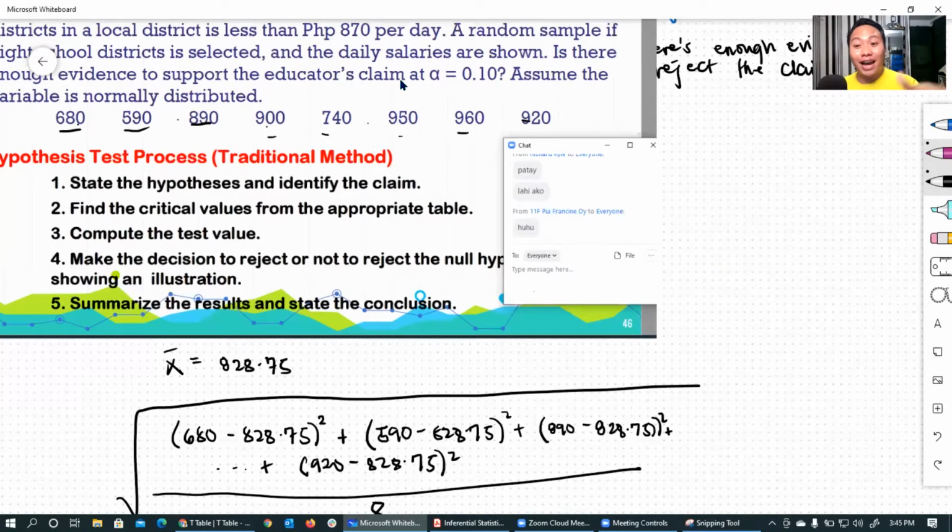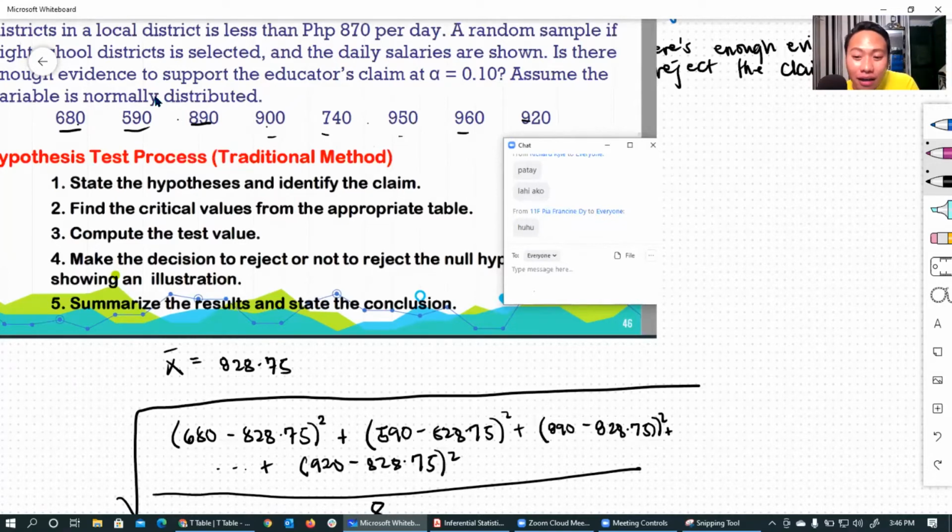So we don't do the n minus 1 anymore because this is already taken out from the population. If you're given the population of a lot of data, and then you want to solve the sample standard deviation from that population, that's when you do n minus 1. Clear? But this problem here, we are already given the sample. It's already assuming we have already taken something from the population. So we don't do n minus 1 anymore.